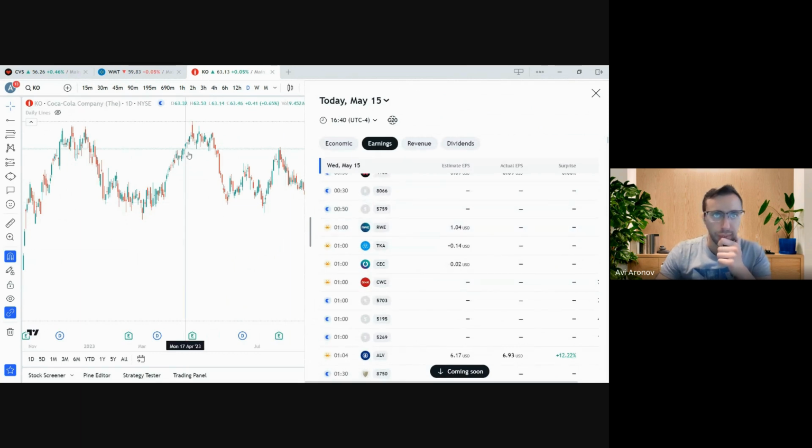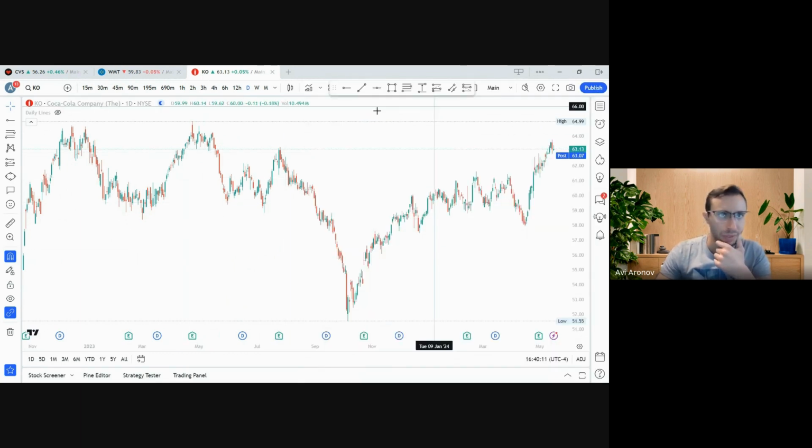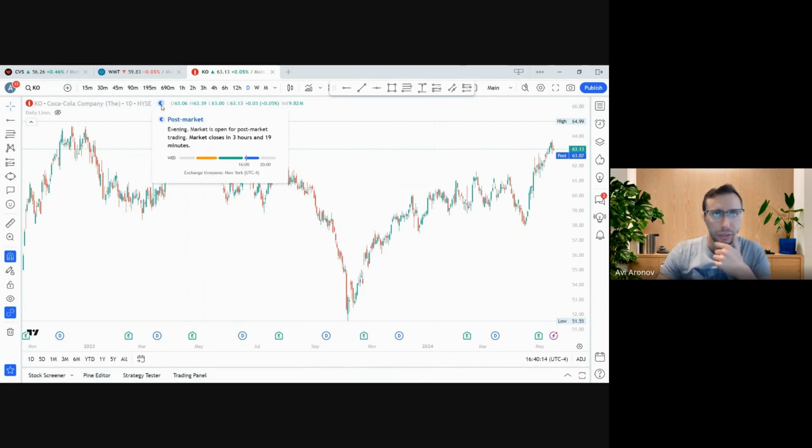So what happened, also to know what will be when, here it's post market. You will see here post market goes from 4 to 8, and the market itself is open from 9:30 to 4.